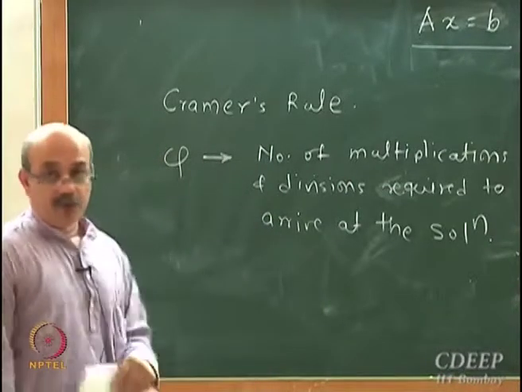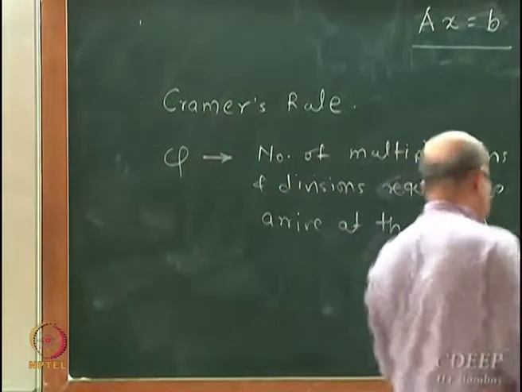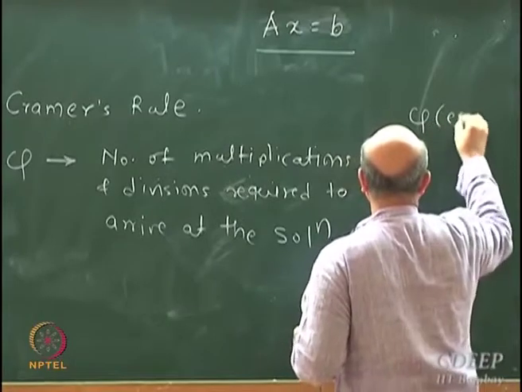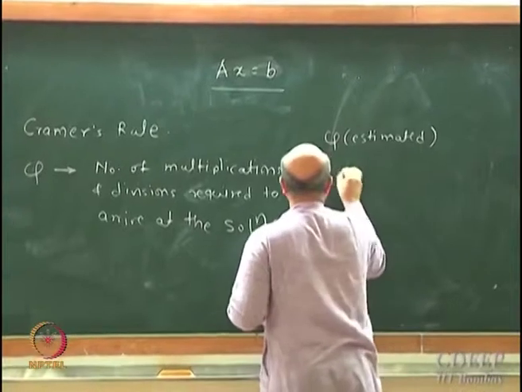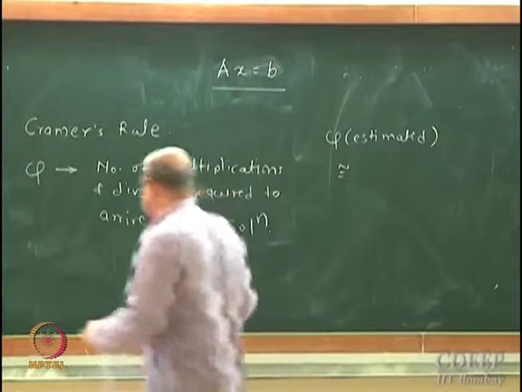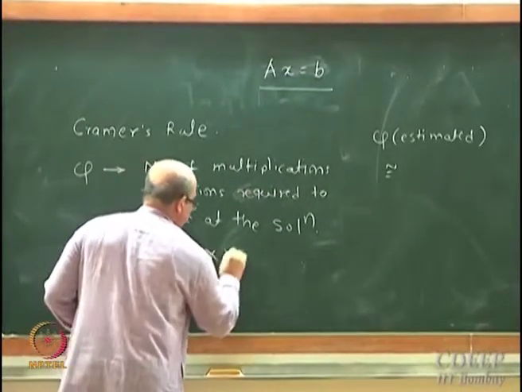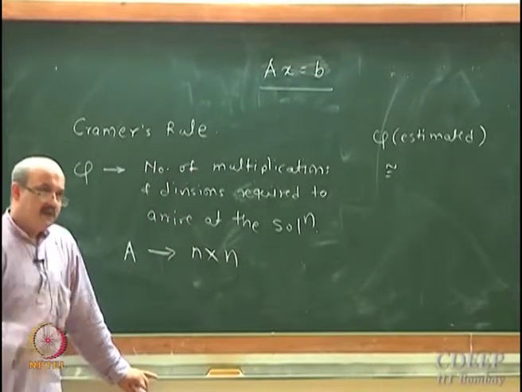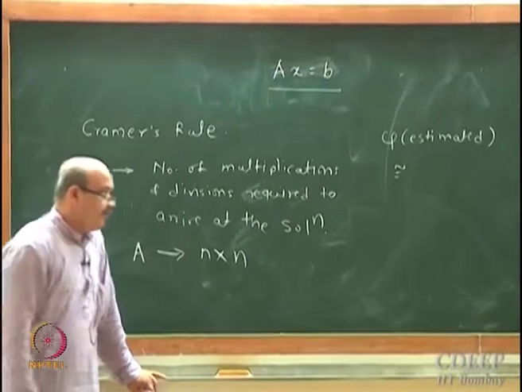If psi represents the number of multiplications and divisions that are required to arrive at the solution, then for Cramer's rule, psi is approximately equal to, I am talking about an n cross n matrix. So my concern here is A is in general an n cross n matrix where n could be large, okay, n could be 1000, 10,000 or whatever, a large number.